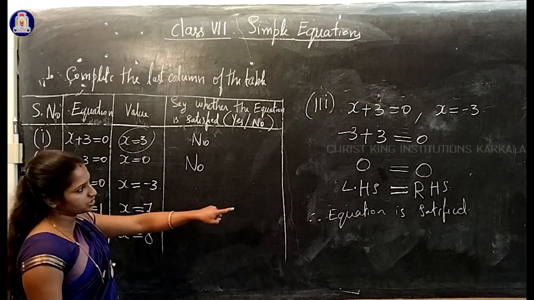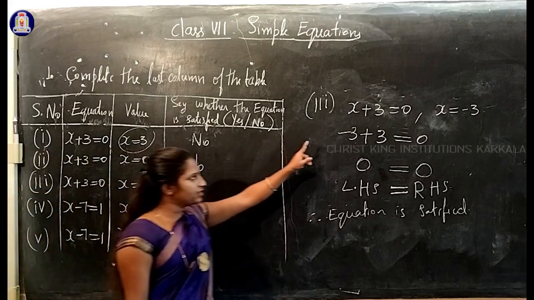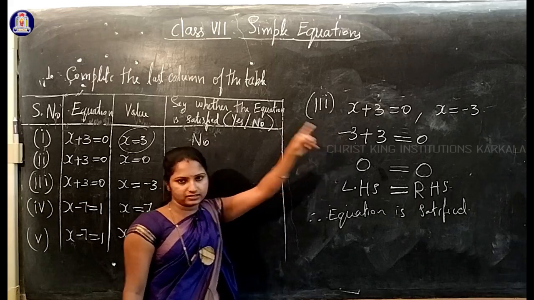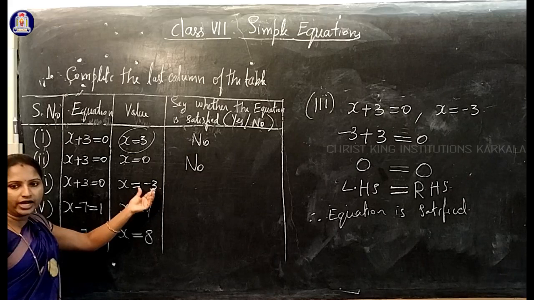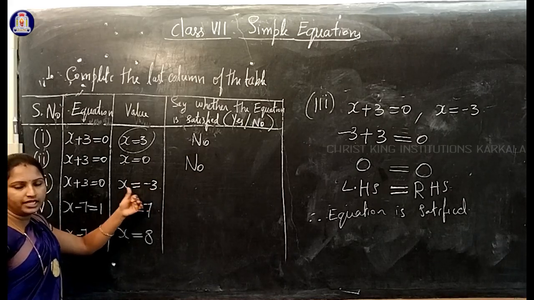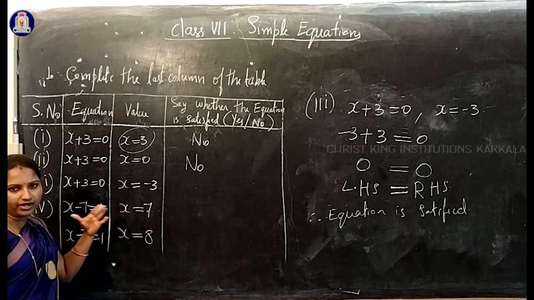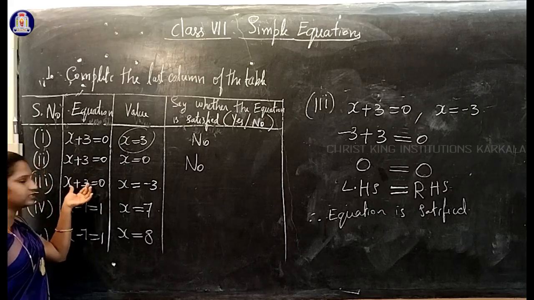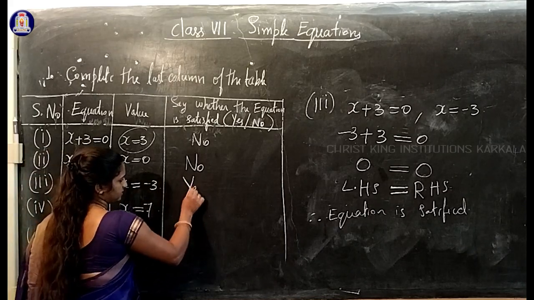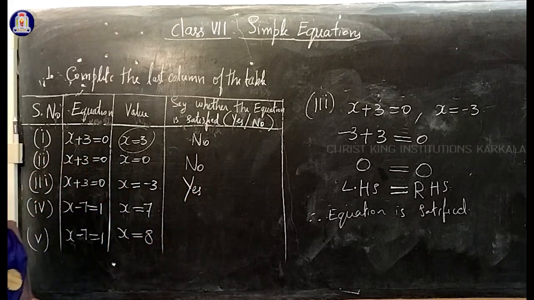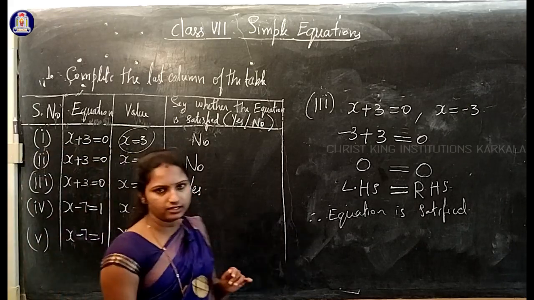But the third equation is the same equation, but the value of x is different. The value of x we considered here is minus 3. If you write minus 3, that equation will be satisfied, so that is the solution for this equation. Clear? So here we can write yes, the equation is satisfied. So the answer is yes.